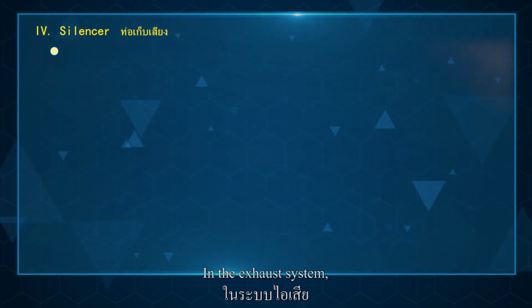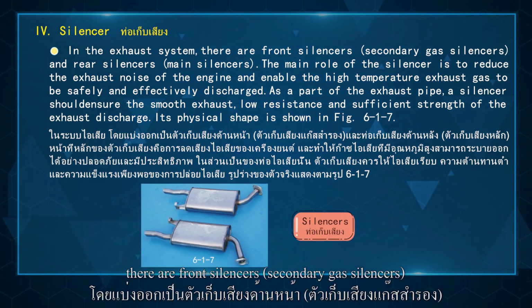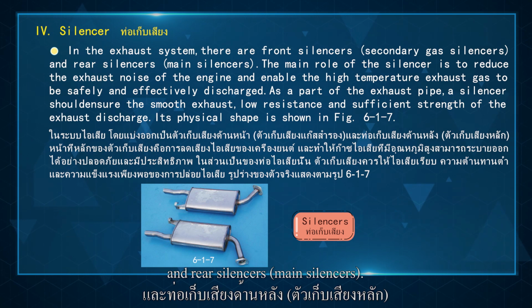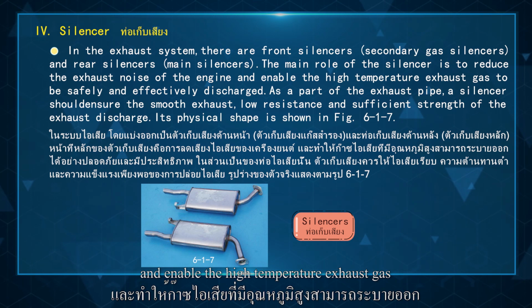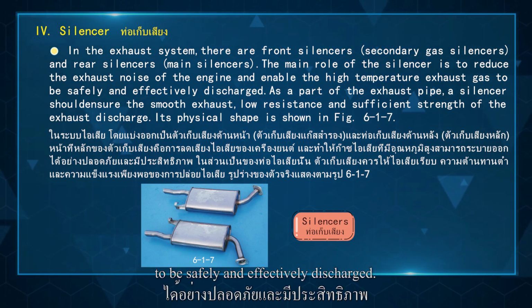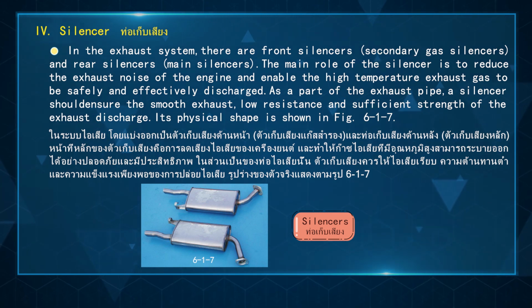Silencer. In the exhaust system, there are front silencers, secondary gas silencers, and rear silencers, main silencers. The main role of the silencer is to reduce the exhaust noise of the engine and enable the high-temperature exhaust gas to be safely and effectively discharged.